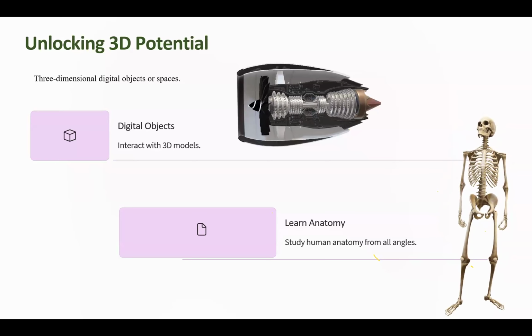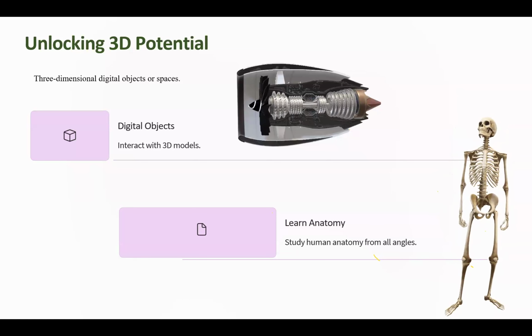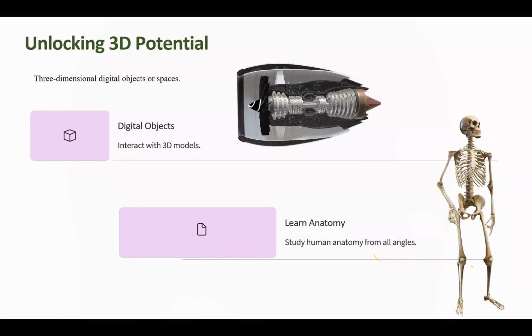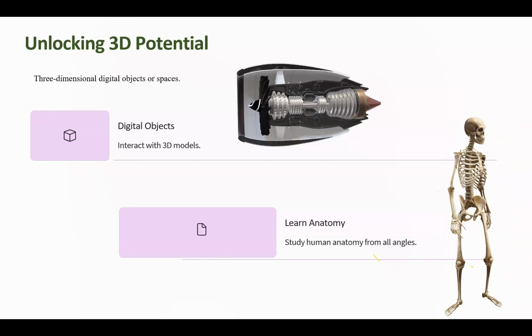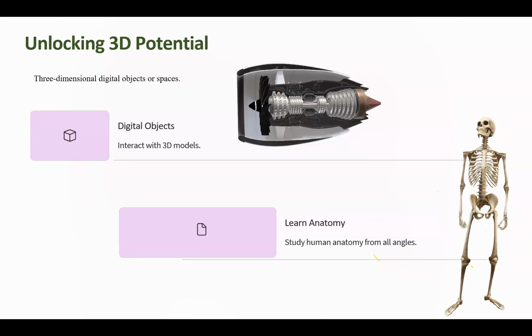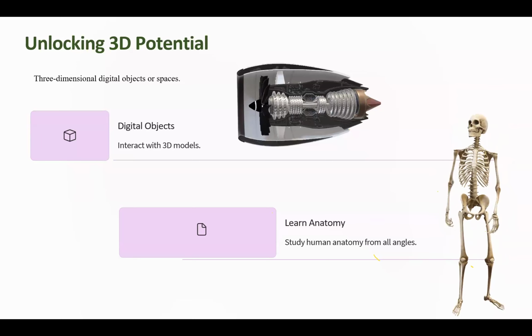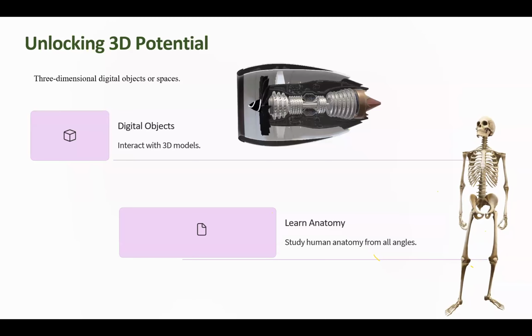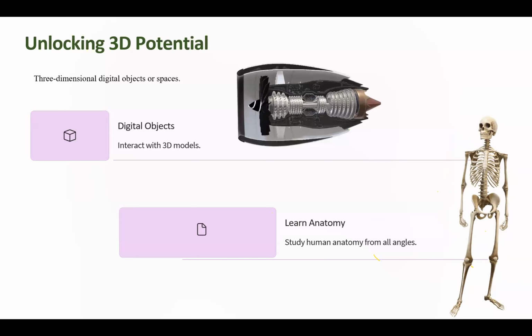I don't know how many of us understand 3D. A 3D is a three-dimensional digital object or space. Just like you, 3D enables us to have digital content that we can see exactly how you would with your own naked eyes.